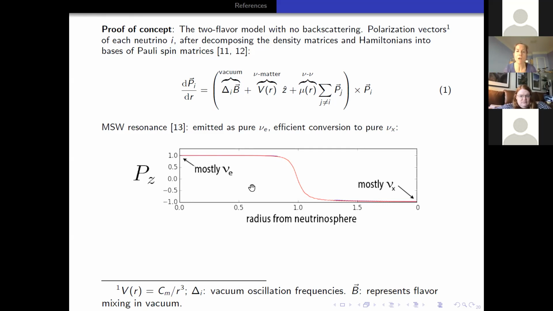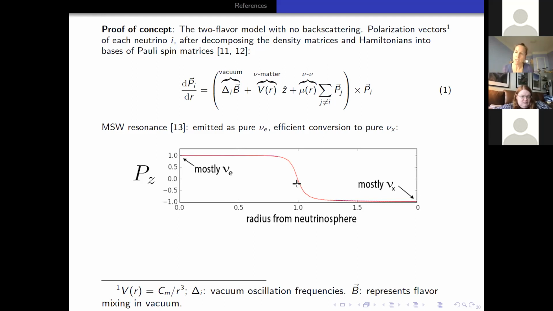And the electron flavor neutrinos pick up an effective mass as they travel through the cloud, encountering the electrons in the cloud. That's the bare bones reason for this transition. That's all you need to know for the purposes of today. It's called the MSW resonance for anybody who wants to look it up.